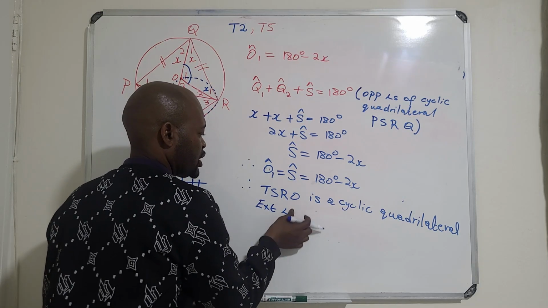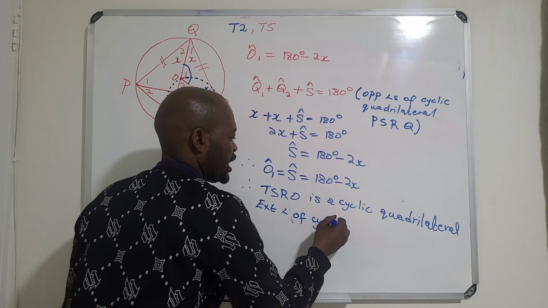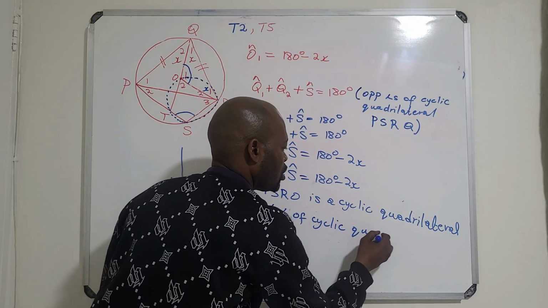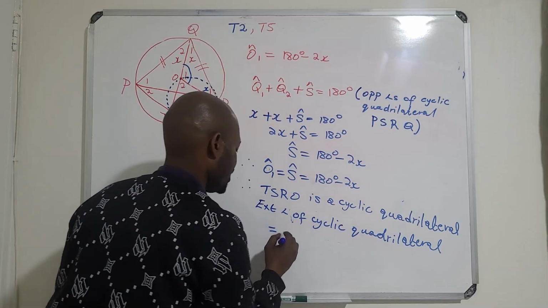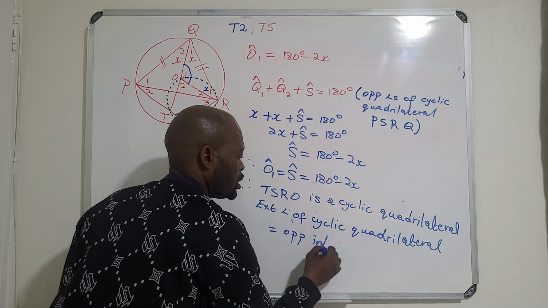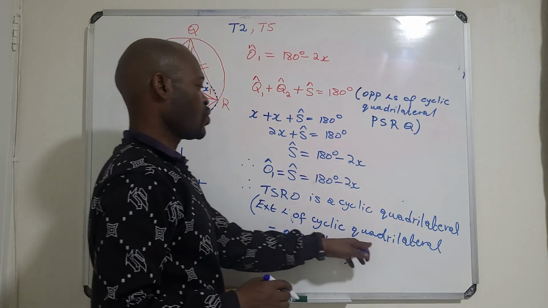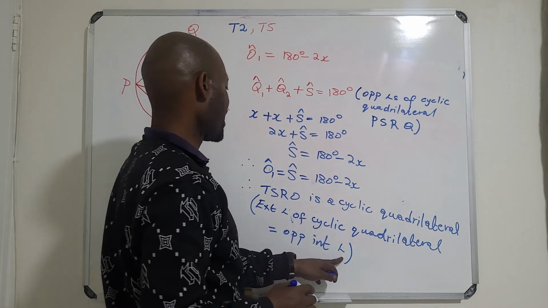Exterior angle of a cyclic quadrilateral is equal to the opposite interior angle. Exterior angle of a cyclic quadrilateral is equal to the opposite interior angle.